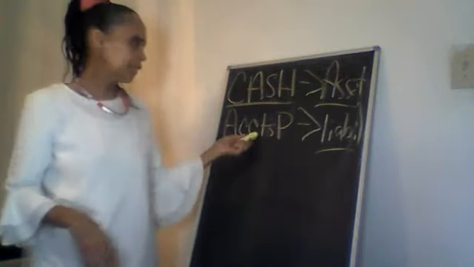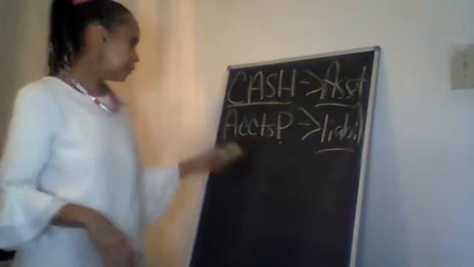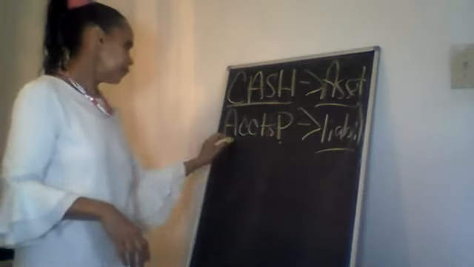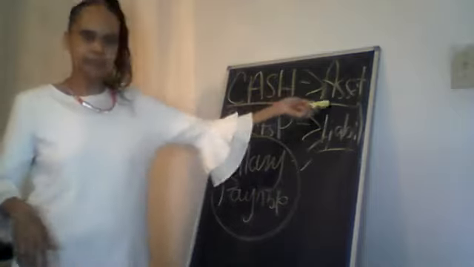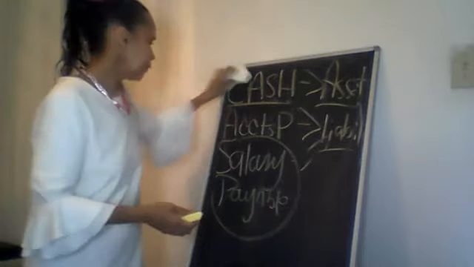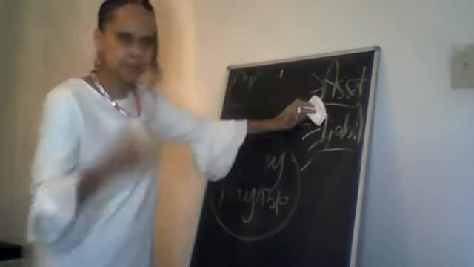Under that, we also have a salary payable. And under your asset accounts, cash will come under your asset account. Also, you have your land, your buildings.